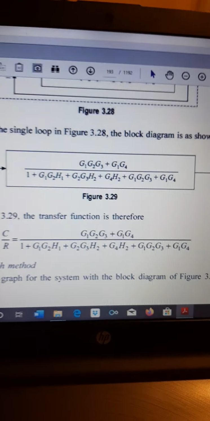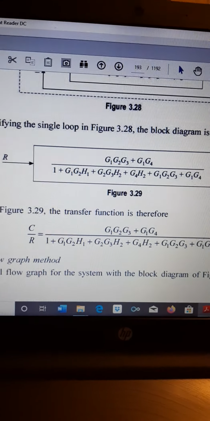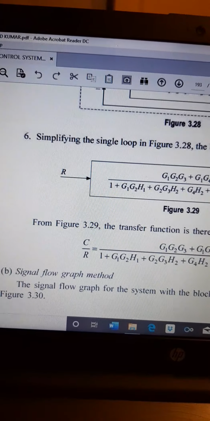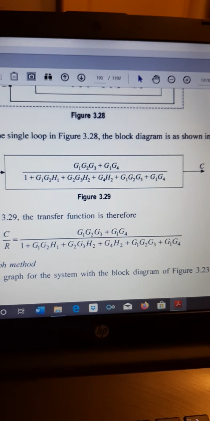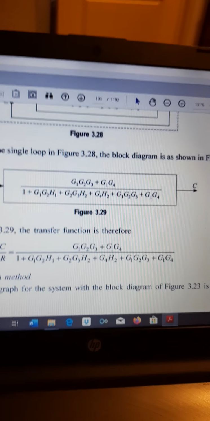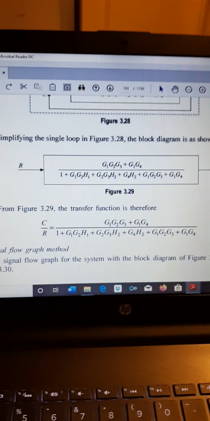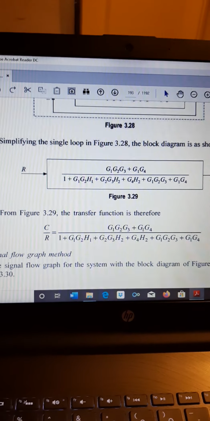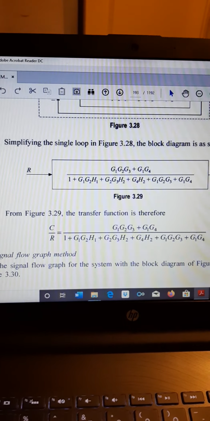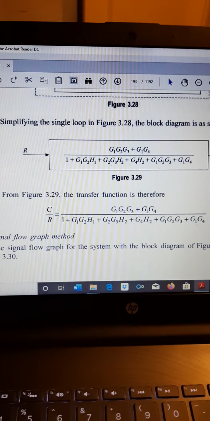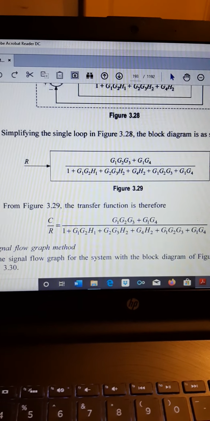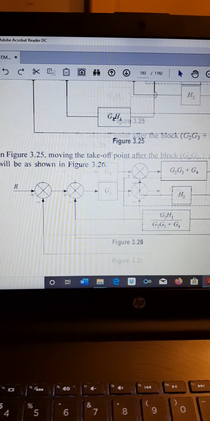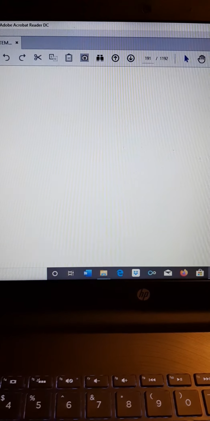Now what you need to do is use the signal flow graph method. This problem is also very simple, so you can easily understand it. Here we have to transfer the first block diagram into a signal flow graph.